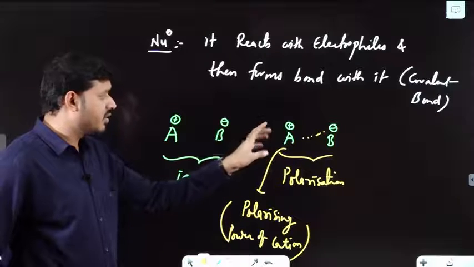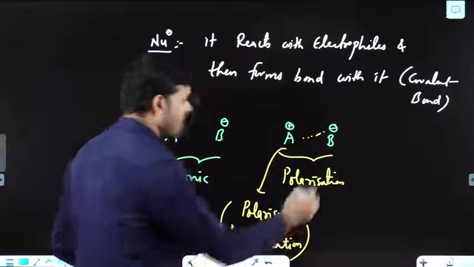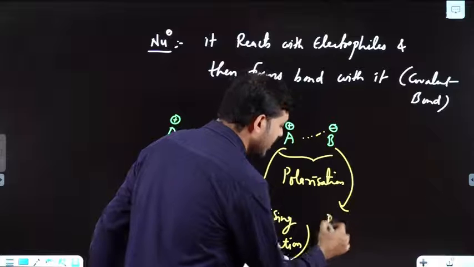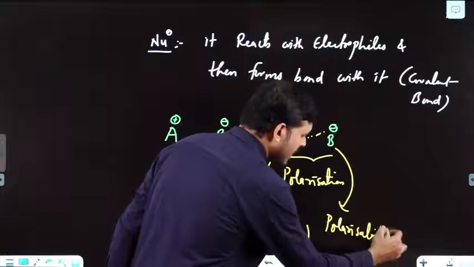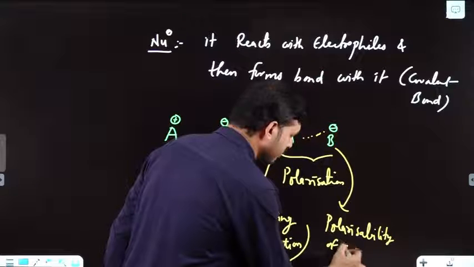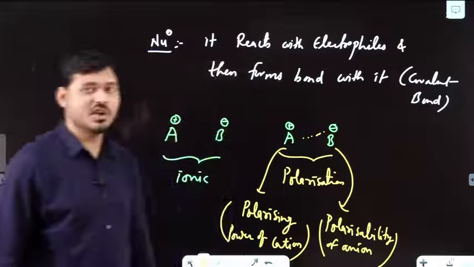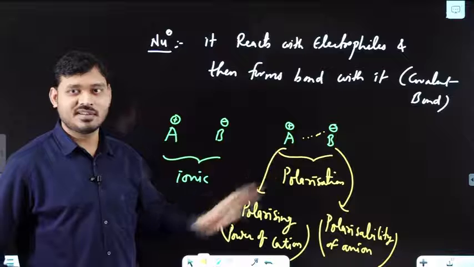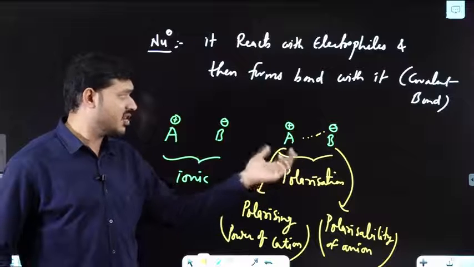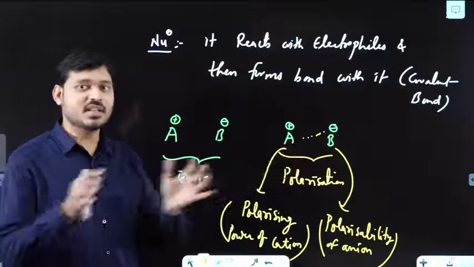The cation will polarize or attract the negative charge towards itself, and it is also about the polarizability of anion. Polarizability of anion means the ability of anion to get polarized. Clear? So this is your polarization, and due to this it is not 100% ionic. It is generating some covalent nature.